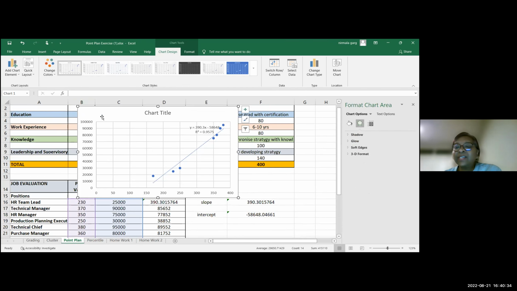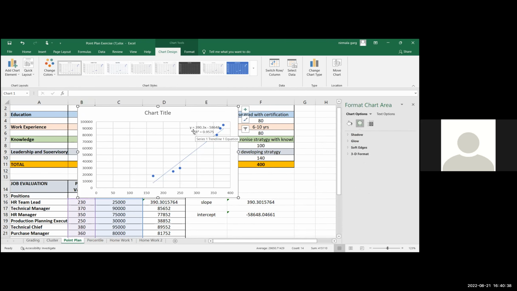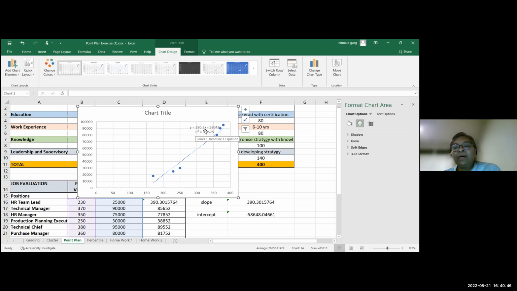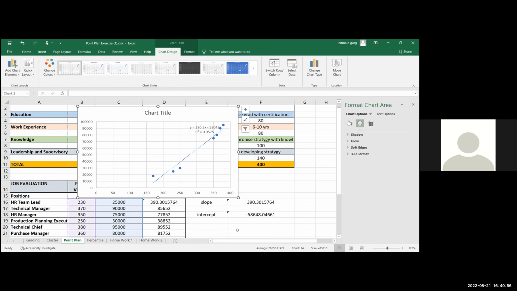Can you see that? Yes. So the salary Y is equal to what? Slope 390 multiplied by X. X is your point value. Because it is minus here, minus the intercept value. Otherwise, the formula is slope multiplied by point value plus intercept. Got it? Right.